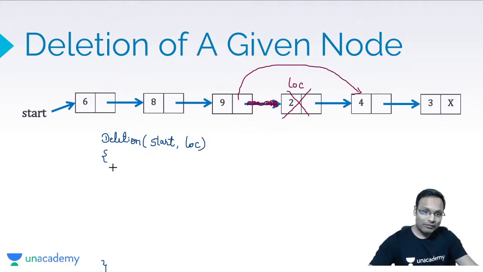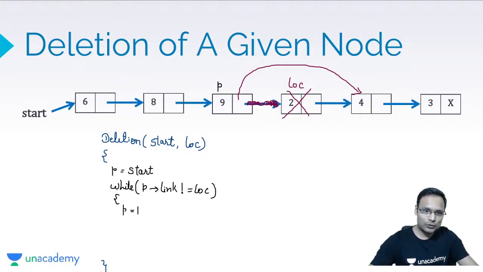So let's traverse and first of all find the address of the predecessor of LOC. So I will take a pointer P from starting and I will start P here. Means P ka link becomes LOC. So I will write down while P ka link not equal to LOC, till that time increase P equals to P ka link.